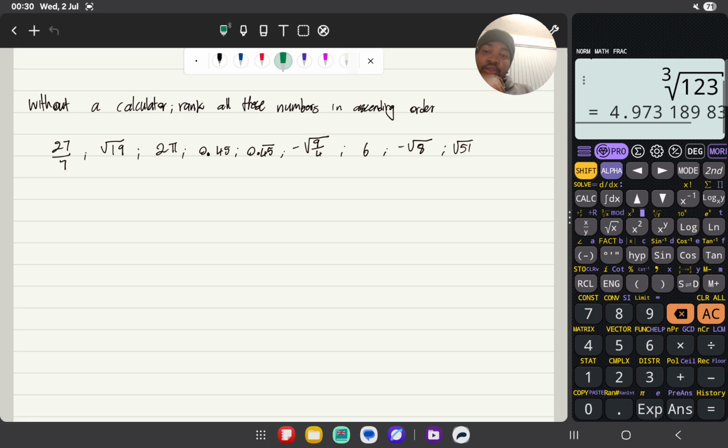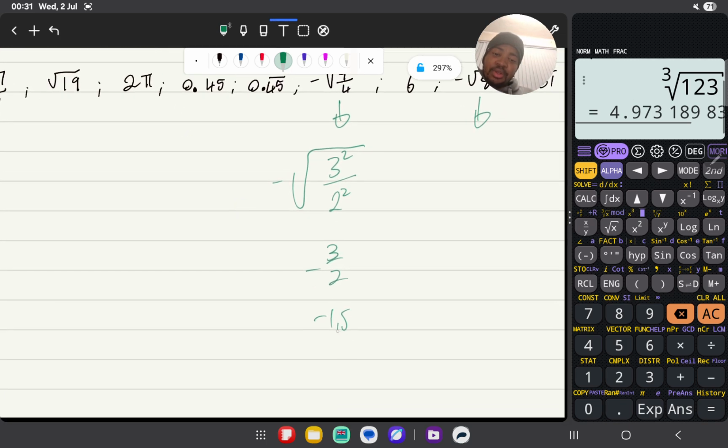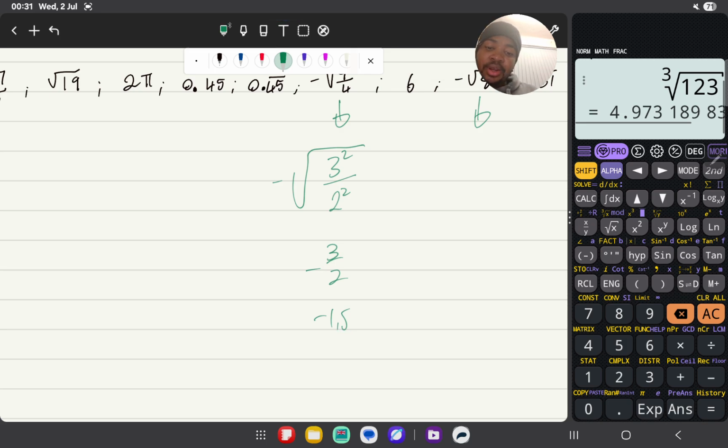So for these two numbers, né, they are both negative. Let me work with the first one. We have negative 3 squared over 2 squared, and this is just going to be 3 over 2. So this is negative 3 over 2, which is negative 1.5. Let me do it step by step.